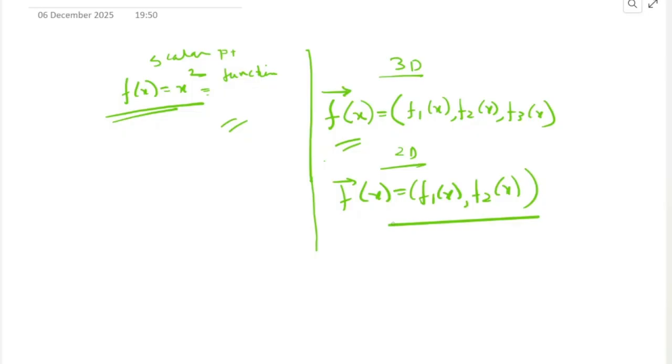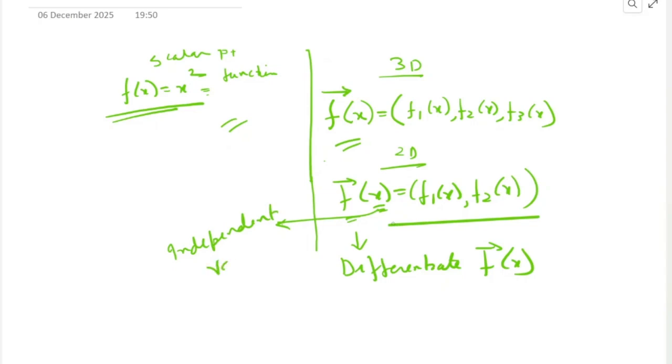If we already have this idea, I'm just telling it for recap only. Suppose this is a vector point function. Then how do we find the derivative of this function? If we want to differentiate f(x), only one variable is there, the independent variable, because our f(x) is dependent on it.